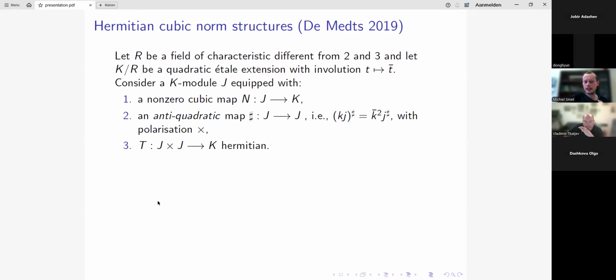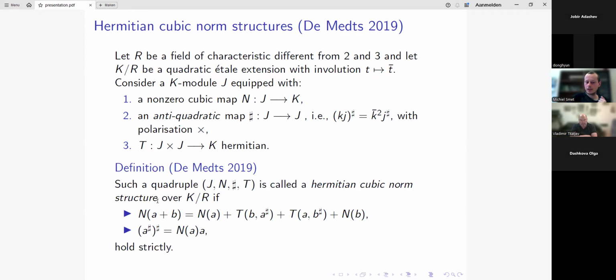We consider a K-module J equipped with these maps as a cubic norm structure. But now the interaction with the K scalar multiplication is a bit different. So sharp is not really a K-quadratic map. It interacts using the involution with K scalar multiplication, and T now does not have to be symmetric, but it has to be Hermitian.